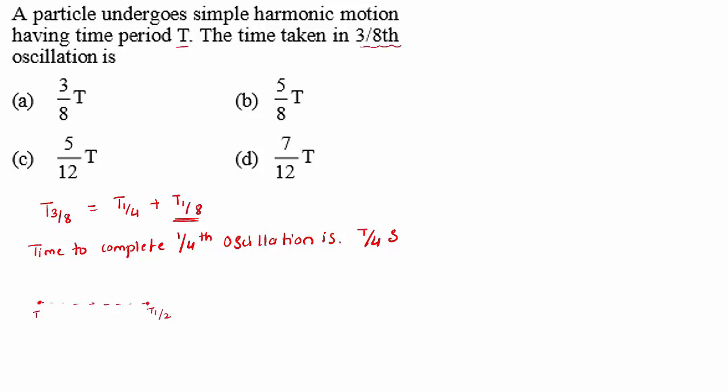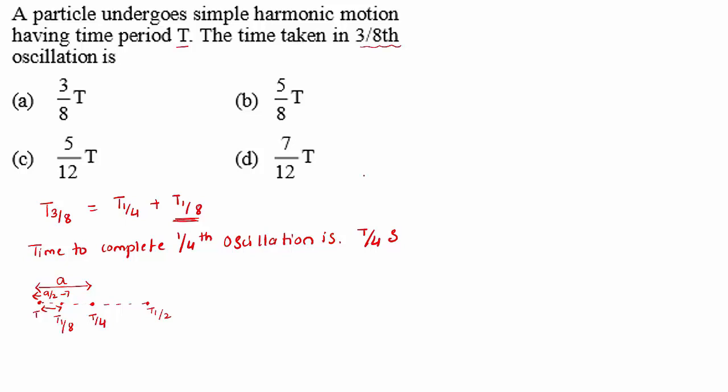If the particle comes to this position, we can write T by 4. And at this point, we get T by 8. So we have to calculate the time taken for this distance. We know the distance from the mean position to the extreme position is denoted by A, so for T by 8 we get A by 2.